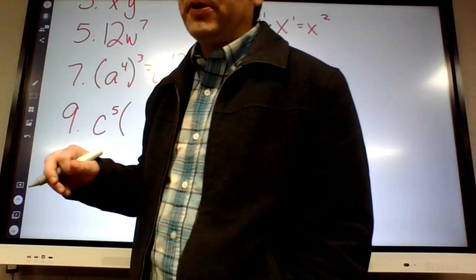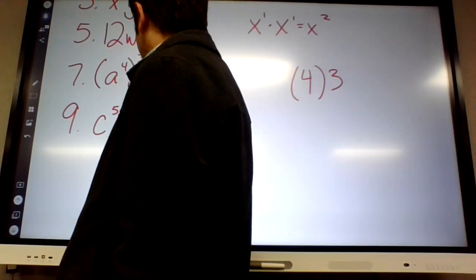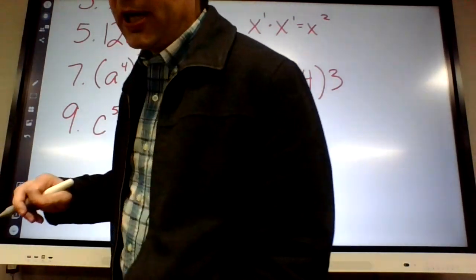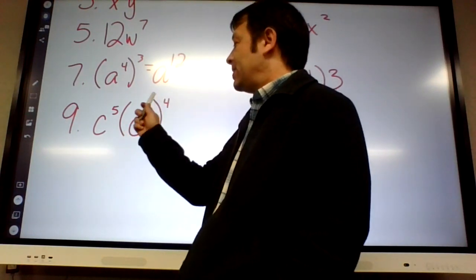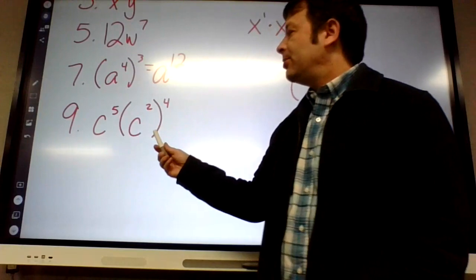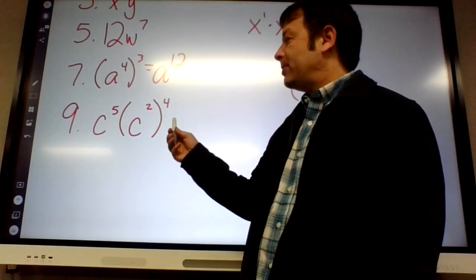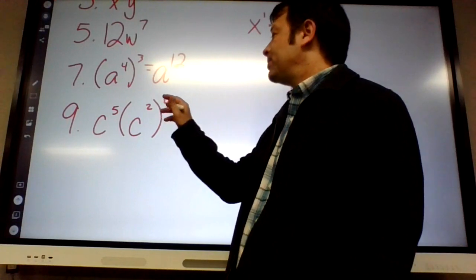So there's a little bit of order of operations in this assignment. What comes first, powers or exponents? Now parentheses comes first, but can we do anything inside these parentheses? No. So what comes first, exponents or multiply? Exponents.